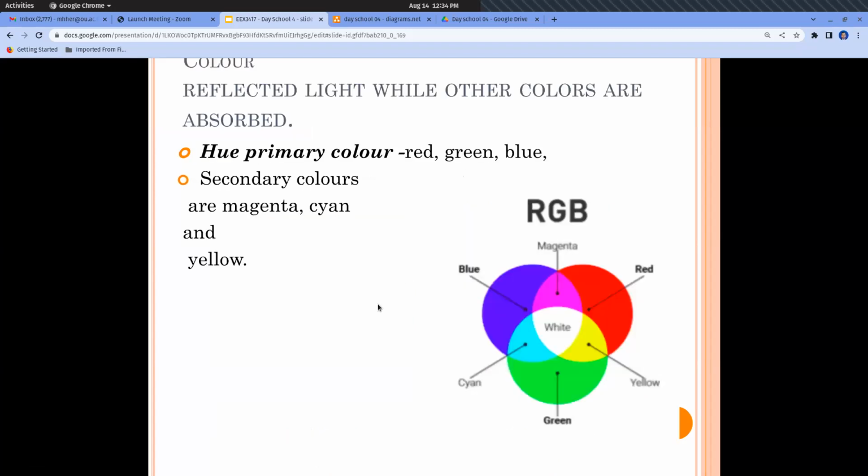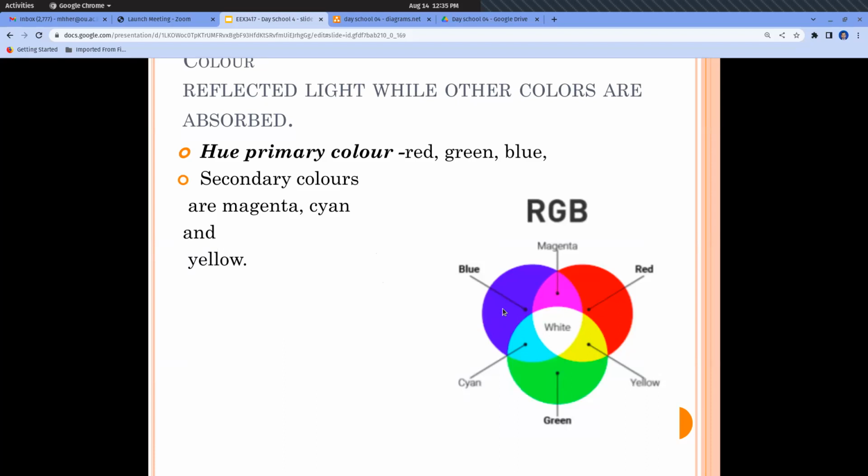Color is hue, primary color. Now, in a screen the primary colors are red, green, blue. These are the primary colors of a computer screen, but it is different for paper.